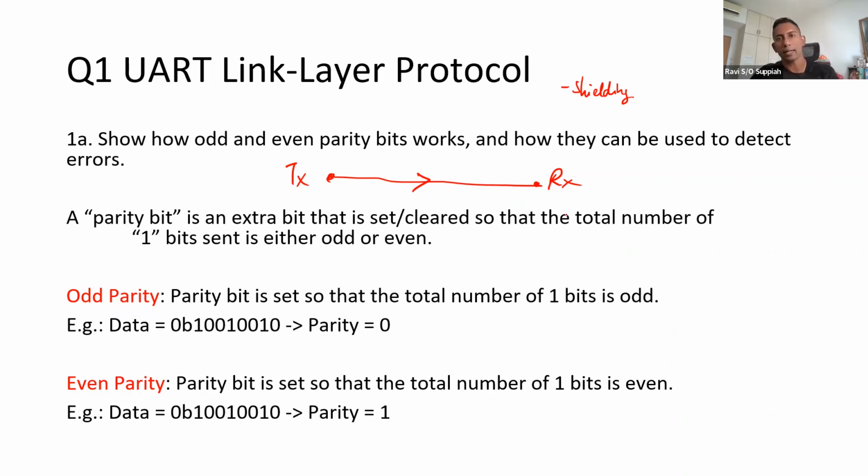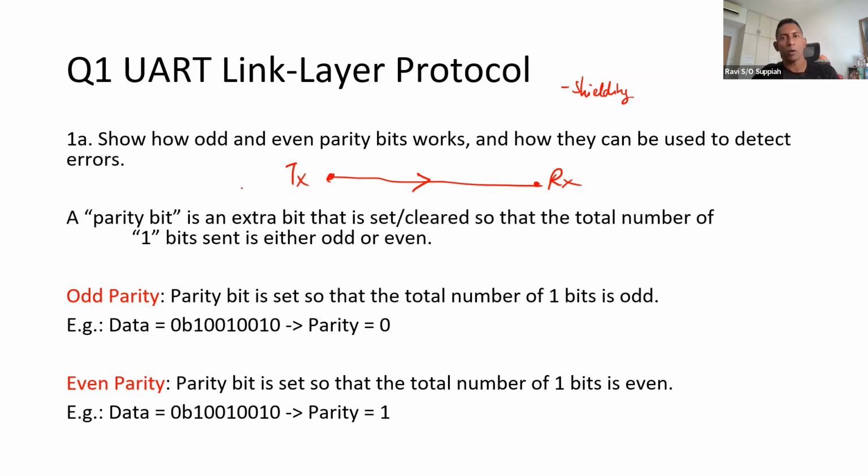Then you also have coupling with the ground and things like that. So at the physical level, things can be designed so that the cable itself can help to reduce any chances of data corruption. But at the software side also, we need to manage it and see what we can do.